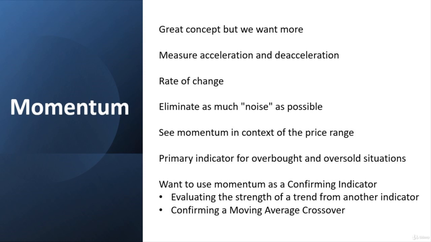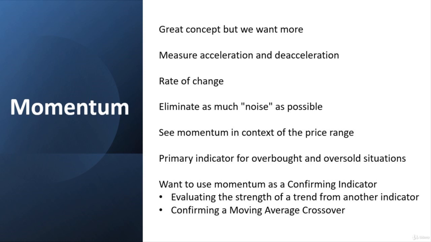Overbought is where pretty much everybody who's going to buy it at that price level has, so it might be ripe for a move backwards or a downtrend. Vice versa, oversold is where price has been pushed to the bottom, maybe real quickly, and it's ripe for a turnaround and might be a good buying opportunity for you. The momentum indicators we have here can be used really well for that.